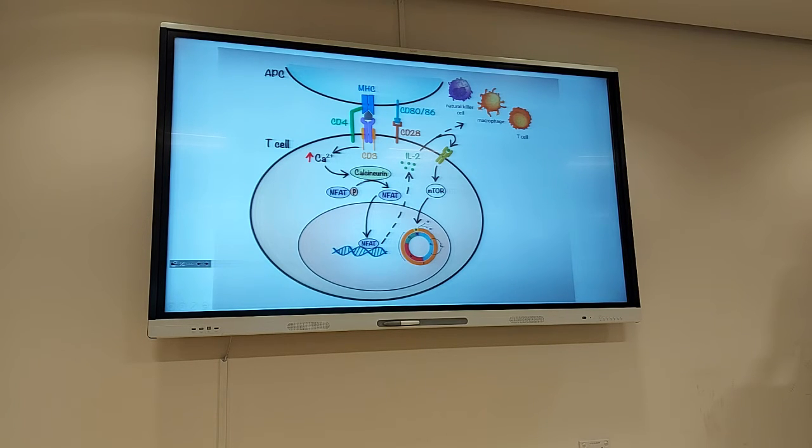calcineurin. The calcineurin activates NFAT, which is translocated into the nucleus and activates cell replication and release of interleukins and cytokines, also interleukin 2.